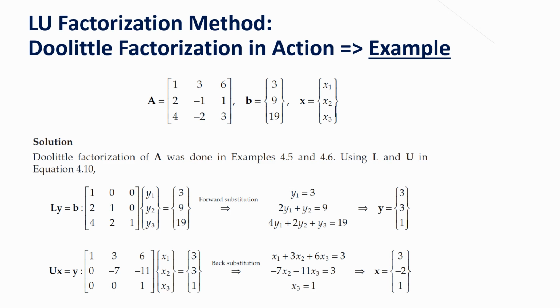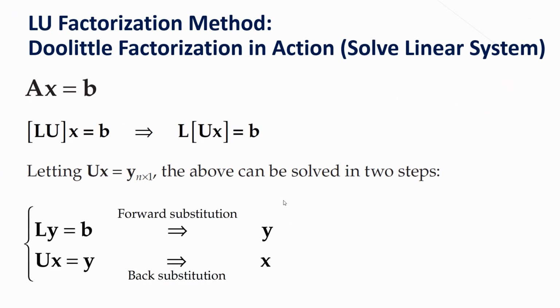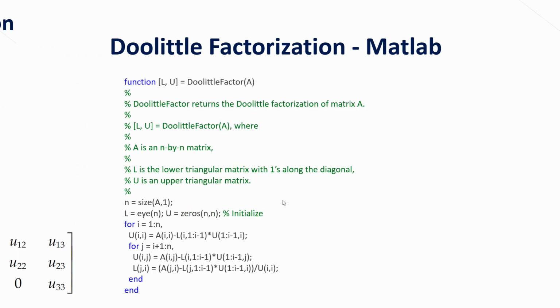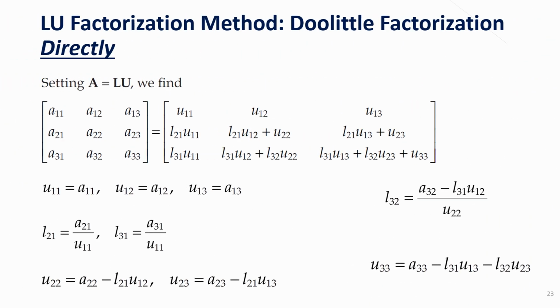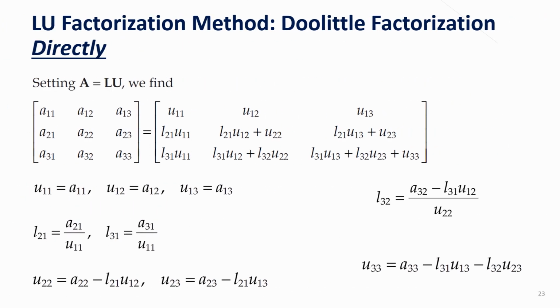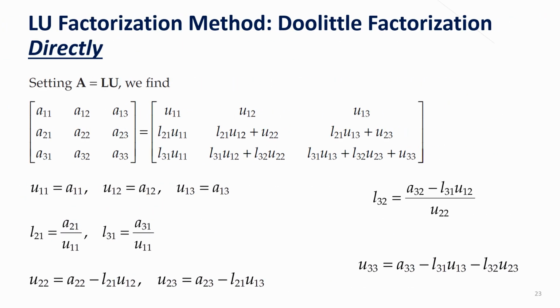However, in terms of calculations using computers, actually we can do the factorization directly instead of doing the Gauss eliminations. Okay, you do the factorization directly, so you will calculate it based on this formula.